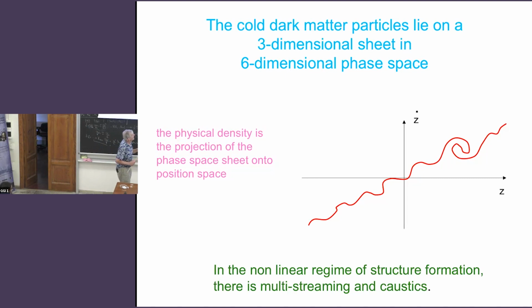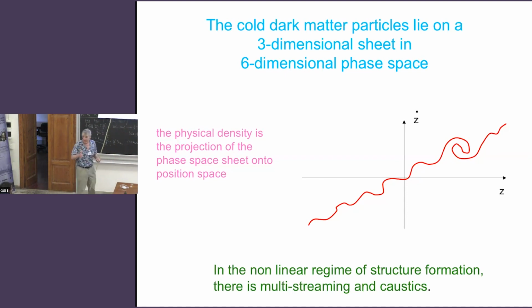But where the number changes, say from 1 to 3, you have a caustic, because when you project this down to physical space, the projection of this, so I call this the phase space sheet. It's a 3-dimensional sheet in 6-dimensional phase space. When you project it down onto physical space, you'll have a caustic, an accumulation, because the phase space sheet is parallel to velocity space.